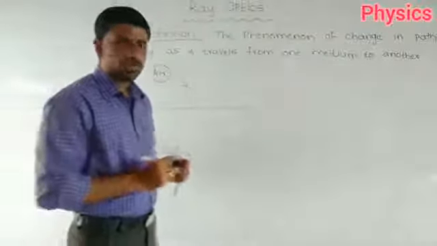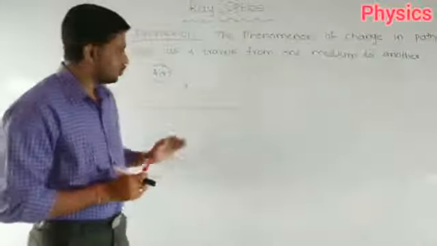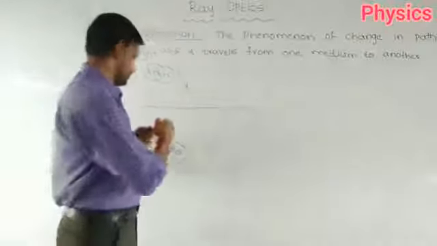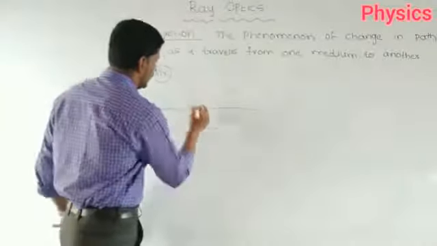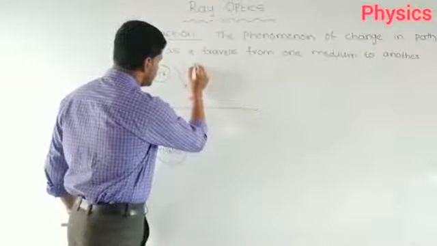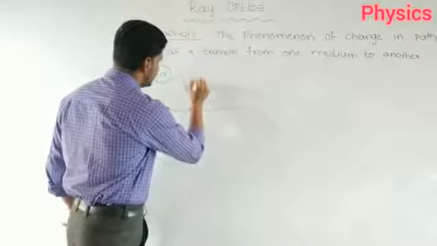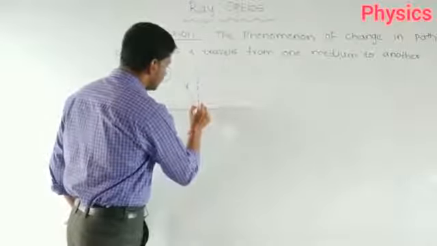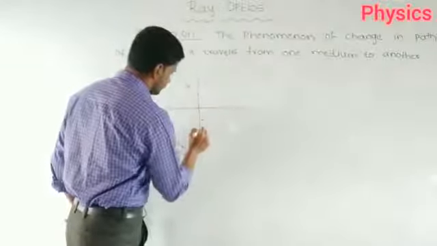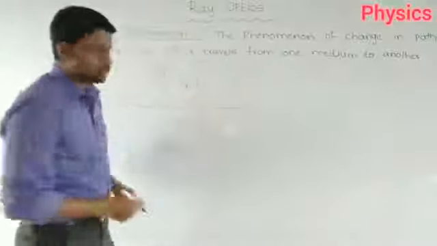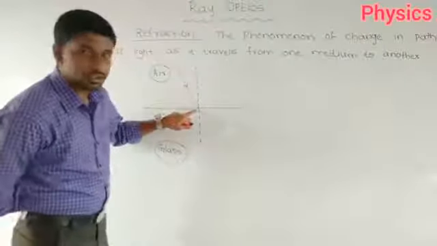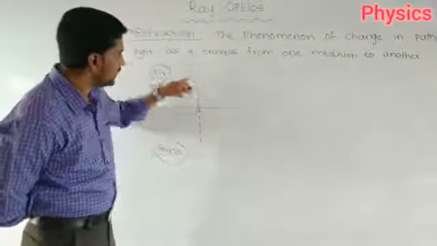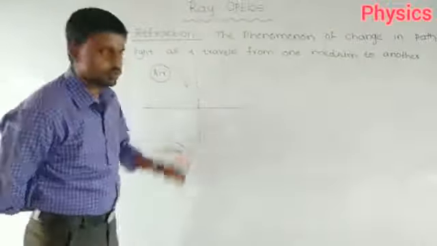Now if I want to know the angle of incidence, then I should draw a normal. How to draw the normal? I have to draw a normal which is perpendicular to the interface at the point of incidence, and that normal should touch the point at which the incident ray meets the interface.